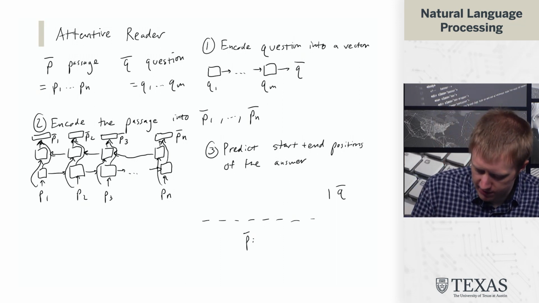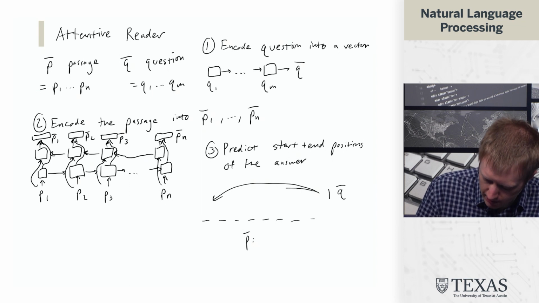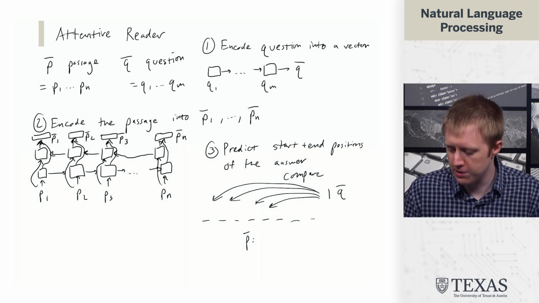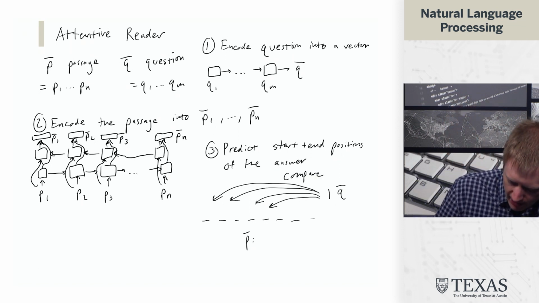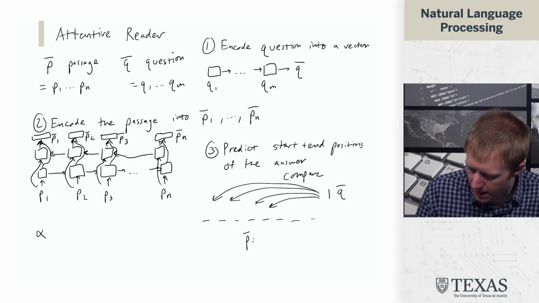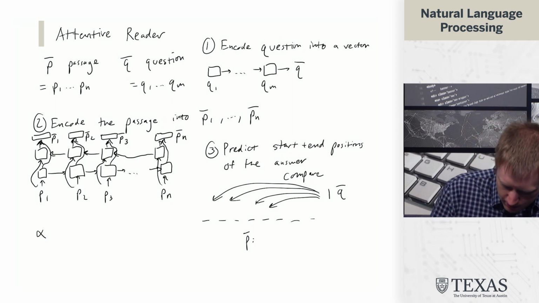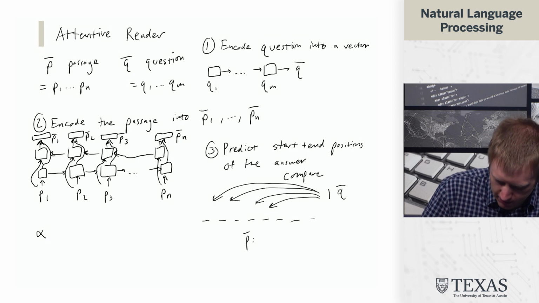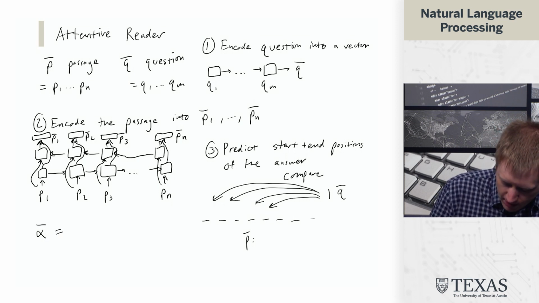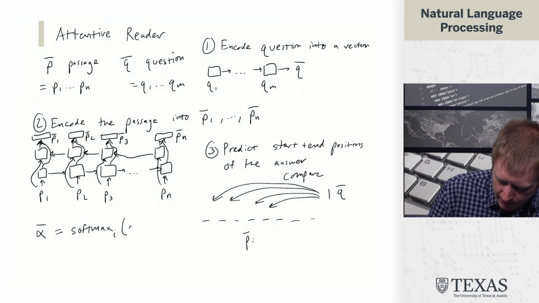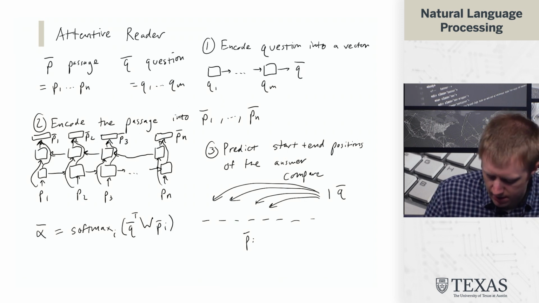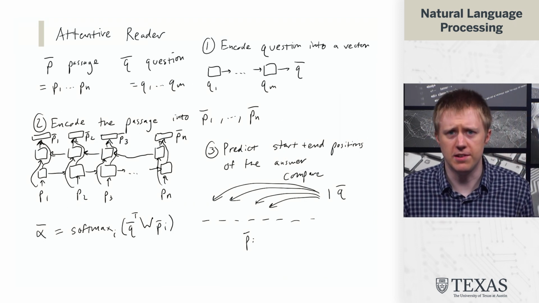We want to compare Q with each of these positions. The way we're going to do that is compute a vector alpha, which we're going to write as a softmax over i of Q transpose W Pi.